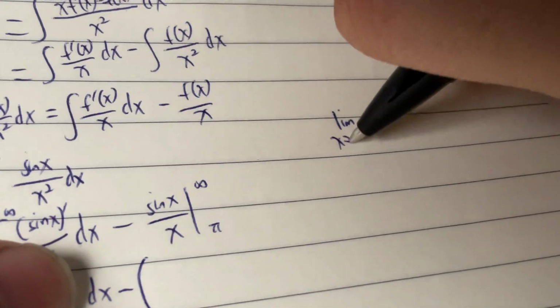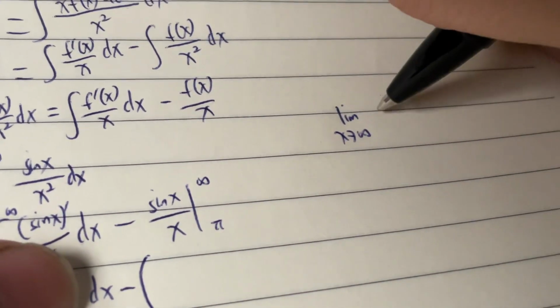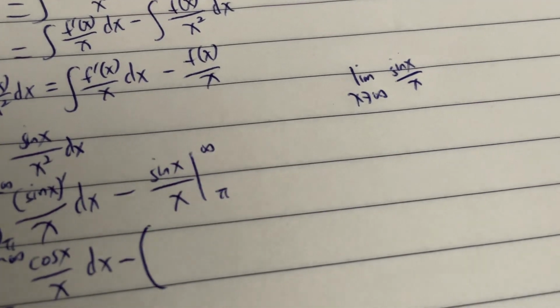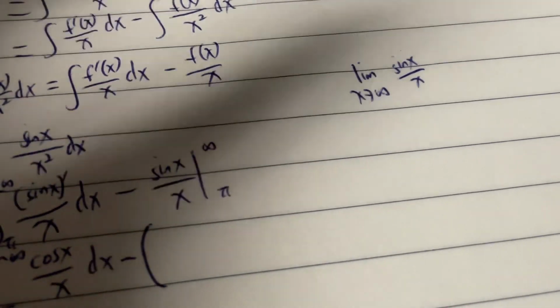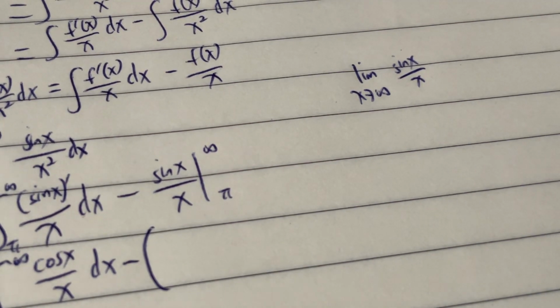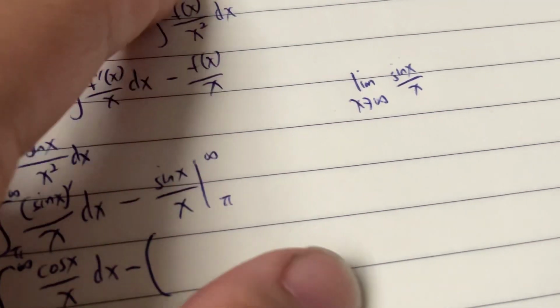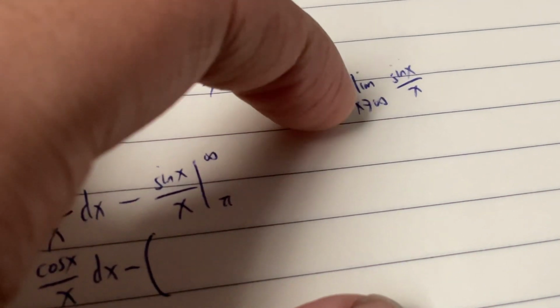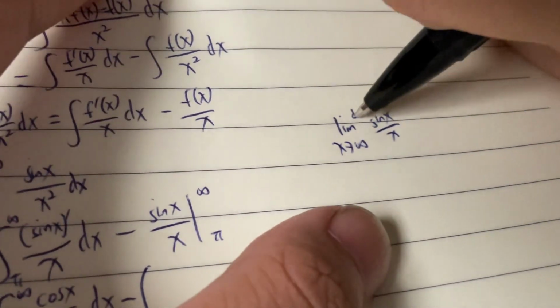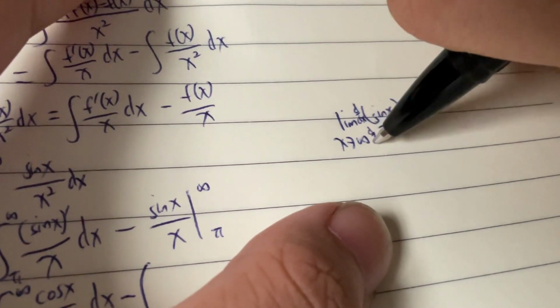Limit as x approaches infinity of sine x over x. And okay, here is the deal. We do not need to check the graph of it. And we cannot use the last video rule here, right? Limit as x approaches 0 and then infinity, you still cannot use the last video rule. If you use the last video rule, you see what happened.